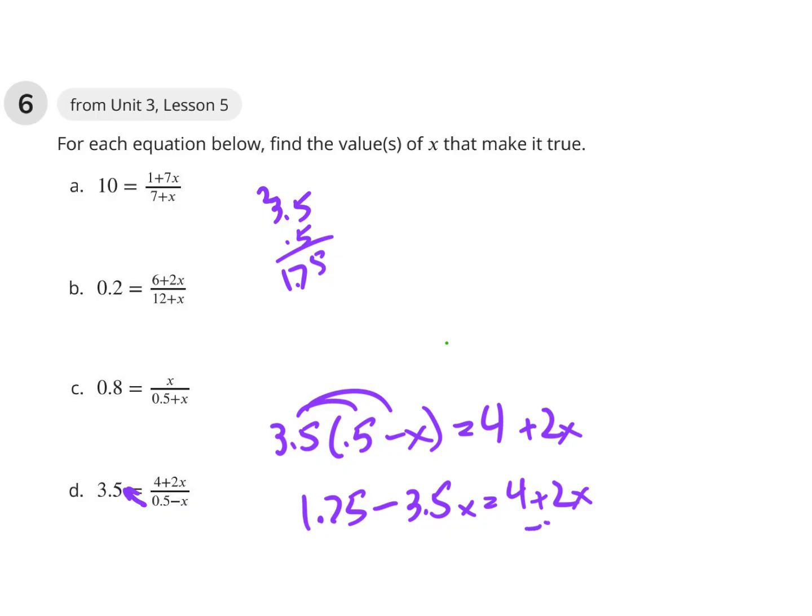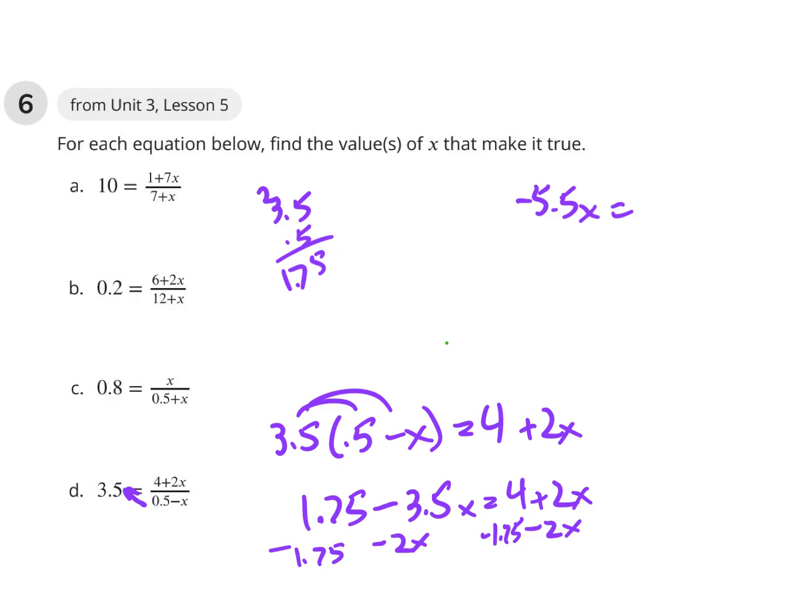Okay, put my letters on the left, my numbers on the right. I'm going to do that up here. We get negative 3.5 minus 2 is negative 5.5x, because same signs add.